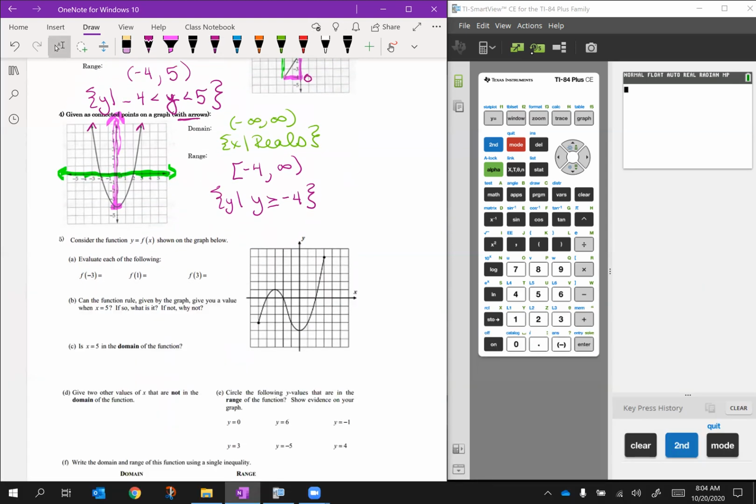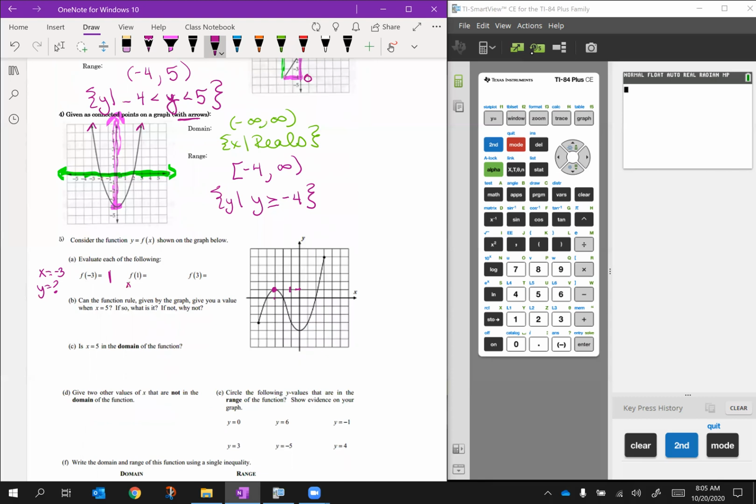All right, so this is reviewing what we did with functions the other day. They're giving us the input, we're giving the output. So evaluate this at -3. This means when x equals -3, what does y equal? So -3, go up to here. The y value, if I read across to y, is 1.